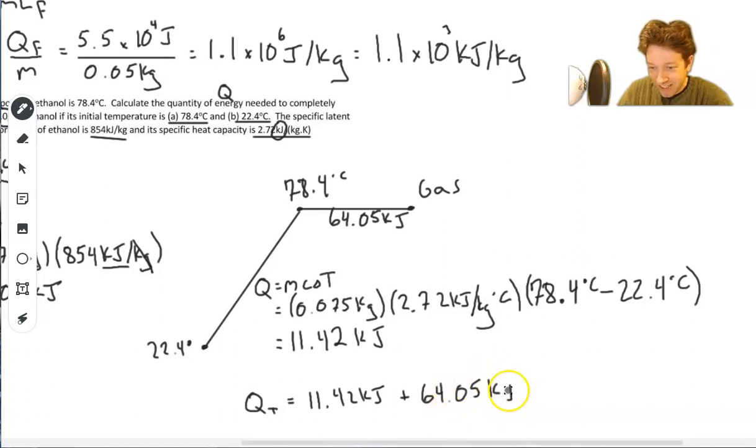The amount of energy to actually vaporize it is way more than the amount of energy it took to bring it up to that boiling point. So that tells you there's a lot of stored energy inside those chemical bonds. And so when we find the total, we get 75.47 kilojoules. There you go.